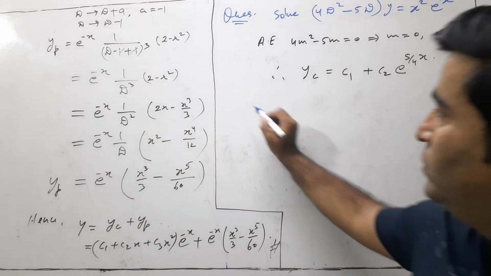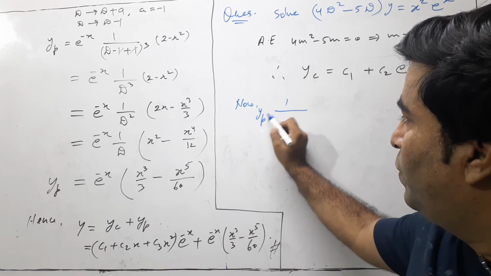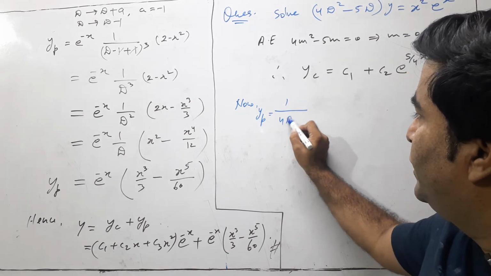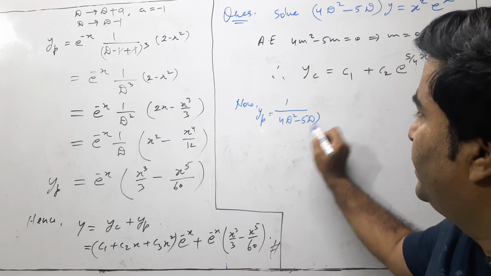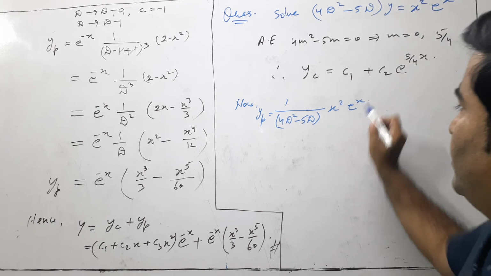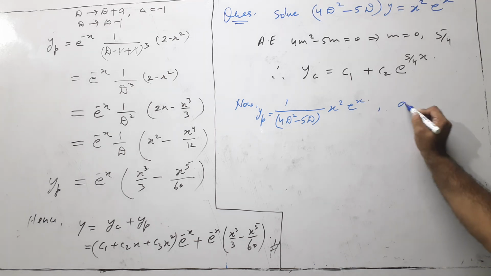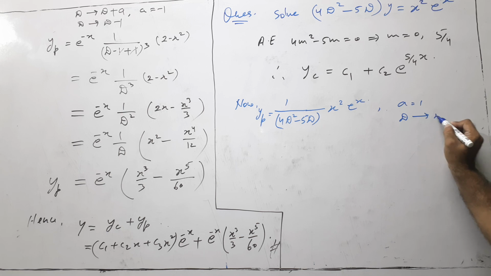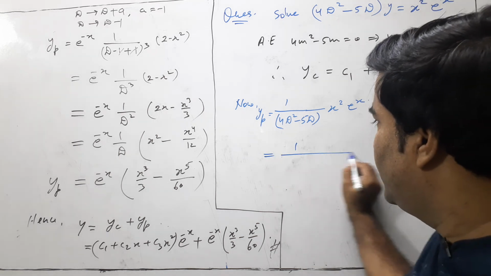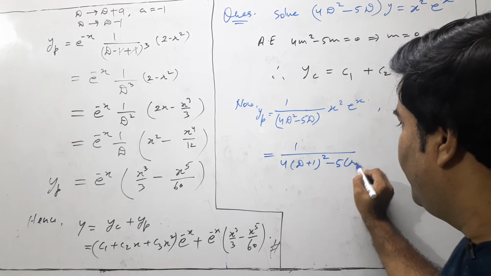Now the particular integral is yp equal to 1 upon (4D square minus 5D) on x square e to the power x. Here a is 1, so we replace D by D plus 1. So this will be 1 upon (4(D plus 1) whole square minus 5(D plus 1)).